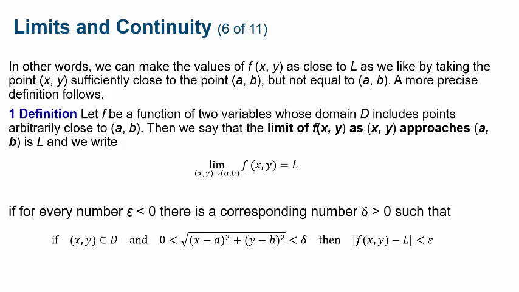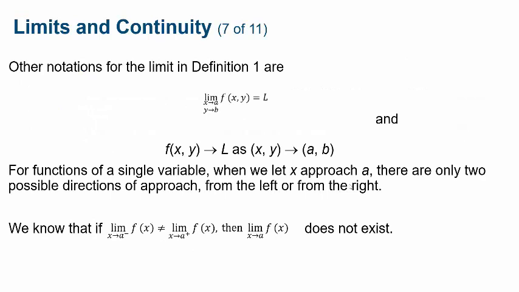I'm not going to go through it, but the key concept is that we're looking at the limit as x and y go to some values a and b, and if that limit exists, it's going to be equal to some real number L. Other notations you might see for limits are the following. You can see the limit as x goes to a, y goes to b, instead of as an ordered pair. Or you could see it as f of x, y goes to L as x, y goes to a, b.